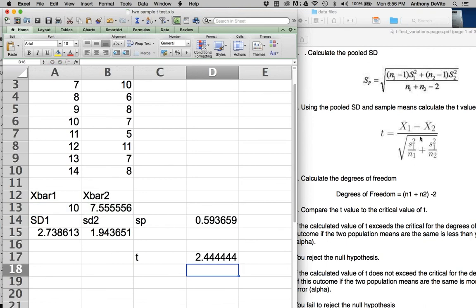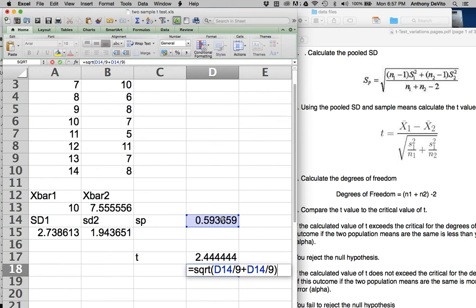I'm going to divide that by this value. That's going to be equal to the square root of, let's see, our pooled standard deviation over sample size 1, which was 9, plus our pooled standard deviation over sample size 9 in the second group.